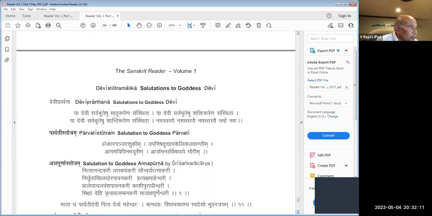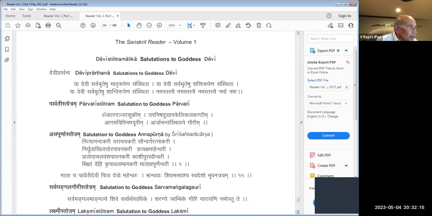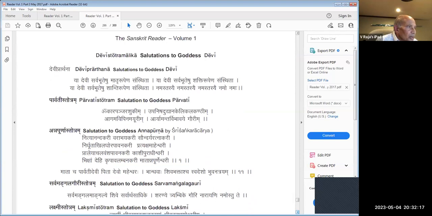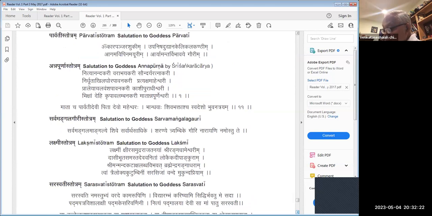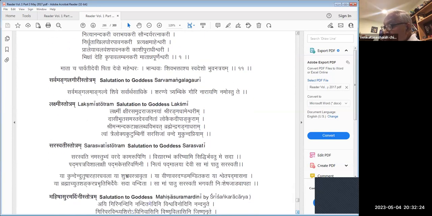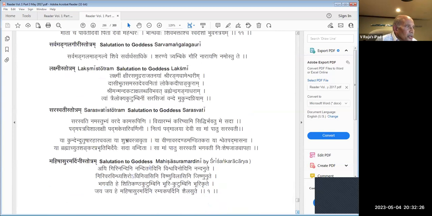There is one beautiful sloka on Saraswati. Ya Devi is not that one. Ya kundendu tushara hara dhavala, ya shubra vastravruta, ya veena varadanda mandita kara.